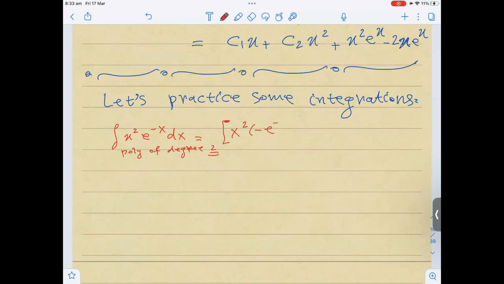The integration of e to the minus x is minus e to the minus x. Now, the second expression will have a minus: the derivative of x squared is 2x. What's the integration of minus e to the minus x? It is e to the minus x. Now, the next expression must have a plus: the derivative of 2x is 2.